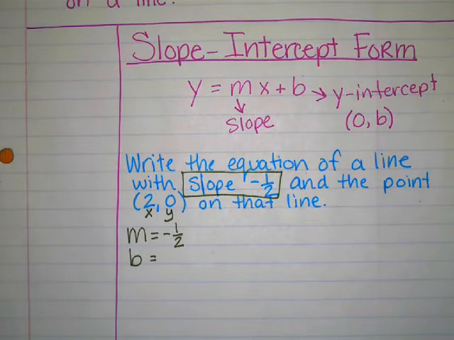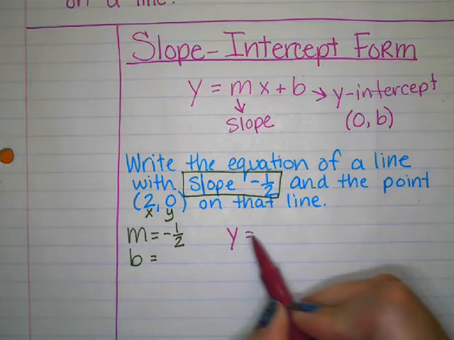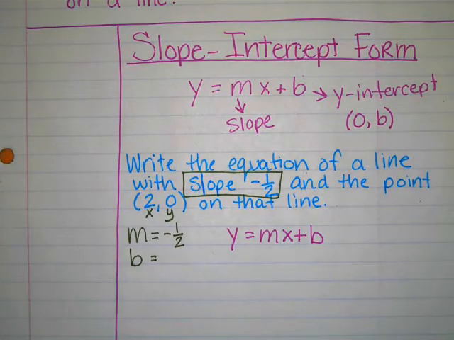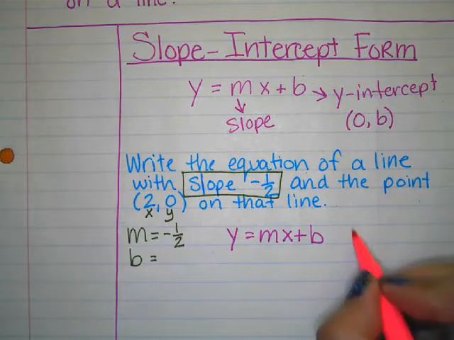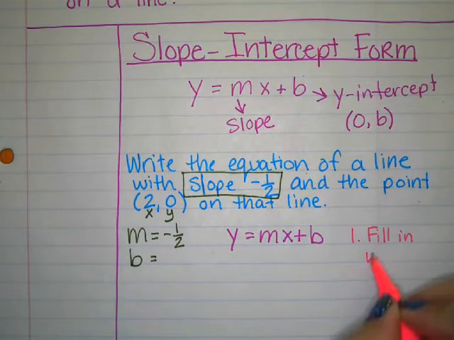So we're going to start with the equation that we know, the same one as up here, y = mx + b. And we're going to fill in what we already know. That's step 1: fill in what you know.